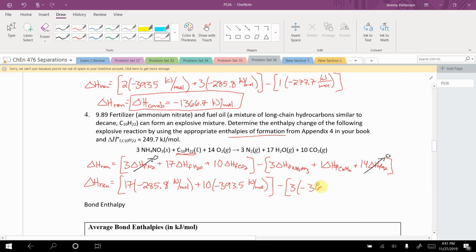Negative 365.6, and then plus 1 times, they give me, 249.7. All right, so I can plug all that in my calculator. If I plugged it all in right, I should get the right answer.